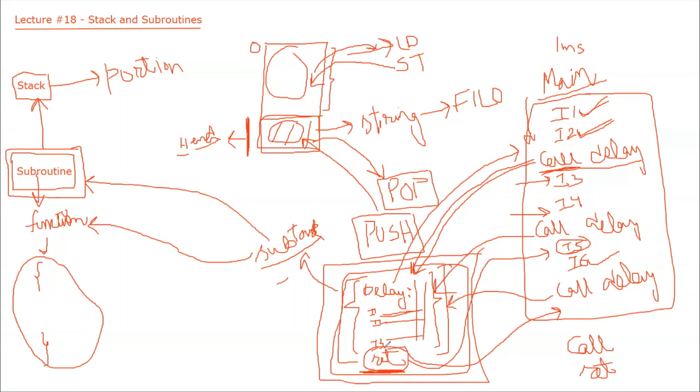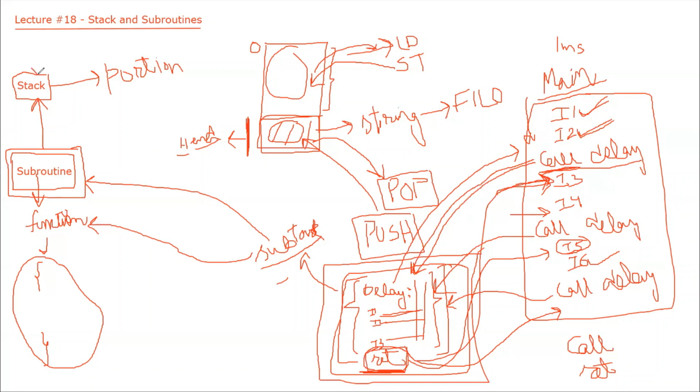Now this subroutine is calling return. Return says go to this instruction. But how will my program know that it has to go to this specific location? The address to which I have to return is stored on the stack. I will explain how the return address is stored in the stack and how we then use that data from the stack to go back to the main program.